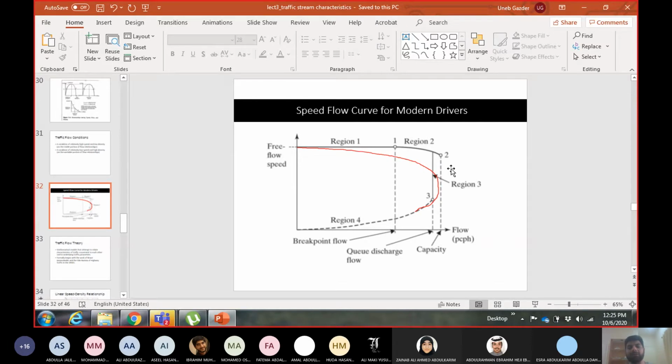Now drivers are reducing speed in order to move safely. Like I said, point 3 is still very close to point 2, which is the capacity. But the speed is now very low as compared to the speed before capacity. Okay, then point 3 is what you call a queue discharge flow.